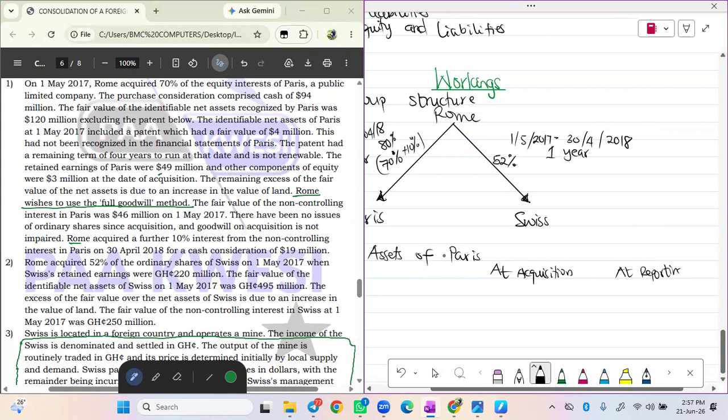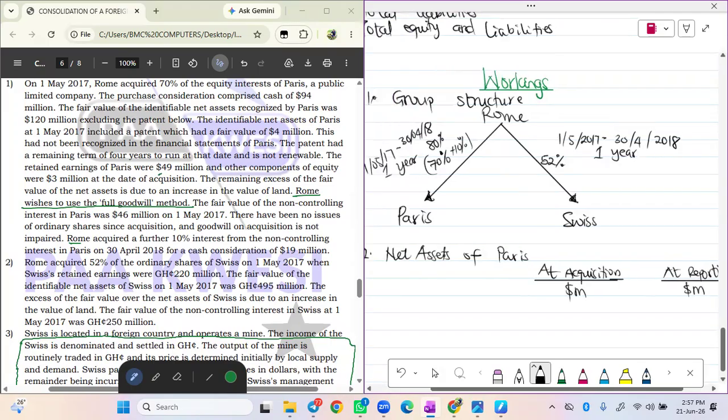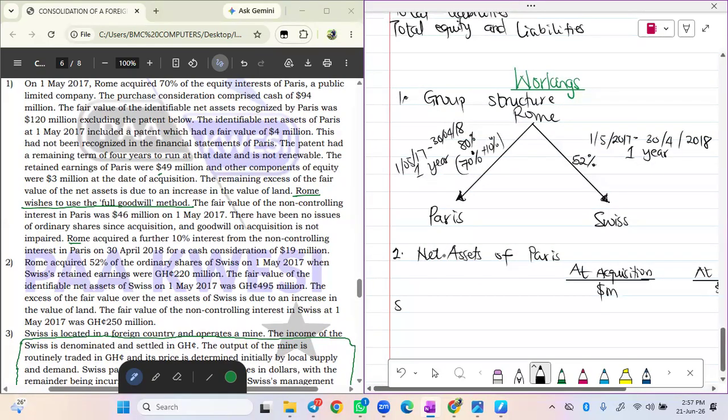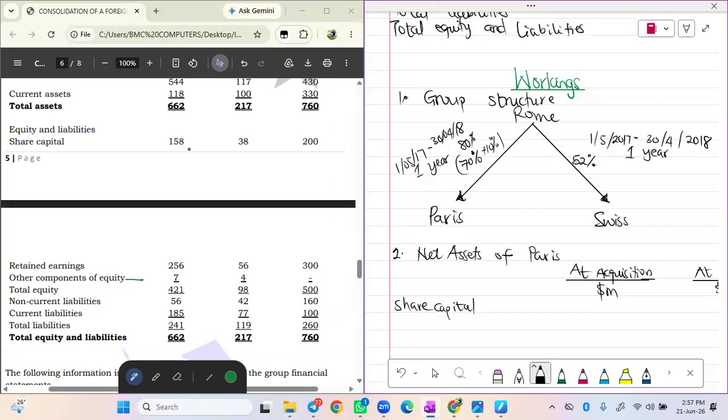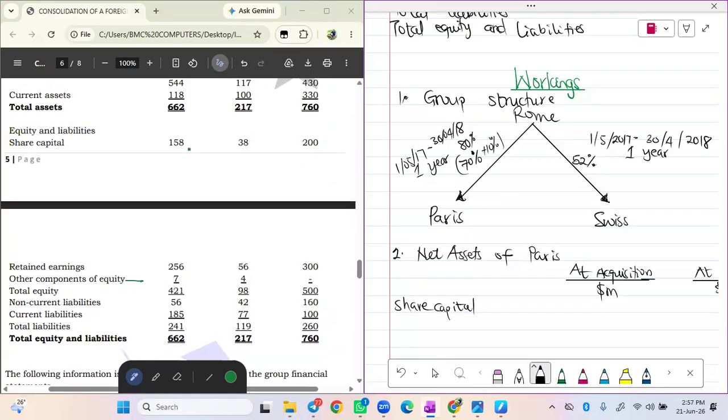It is in dollars, so no translation; it was in dollars already. So we pick the share capital. The share capital of Paris was 38 at acquisition and at reporting.